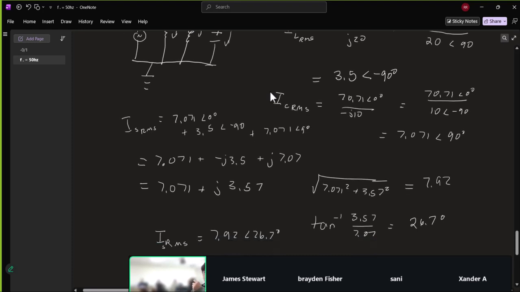So without computing it, if we did compute the equivalent impedance, would the imaginary part be positive or negative? Negative. And why do you say that? It's more capacitive. Exactly. Okay.